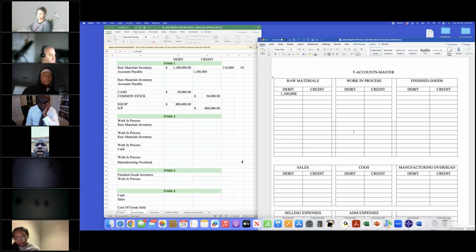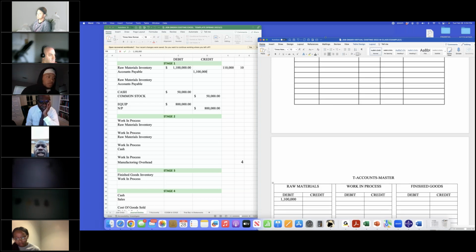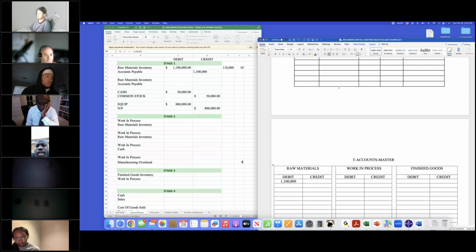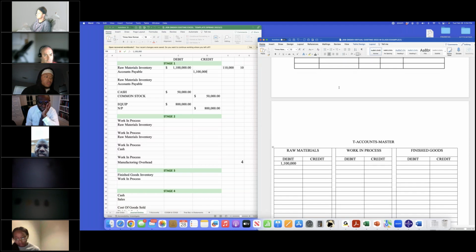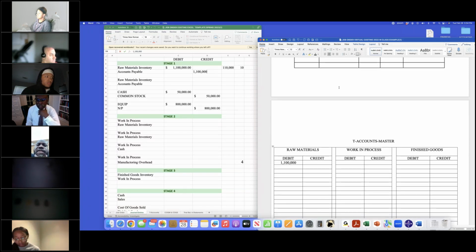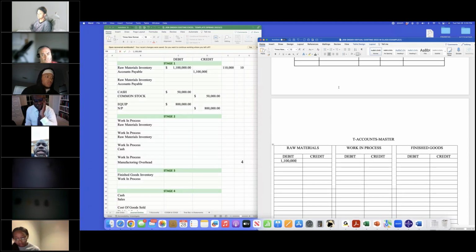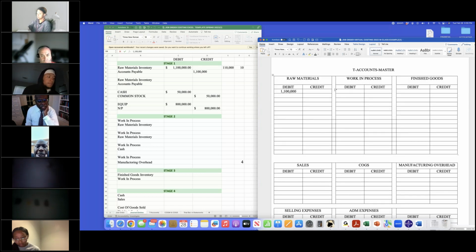I have one question, Mr. Boyd. On my T account, I'm just putting the debit for the raw materials. That's it, right? Because I don't have any work in process or finished goods. Well, you could put accounts payable down. We will eventually get to that, but today I just want to concentrate on getting our cost of goods manufactured and cost of goods sold statement.